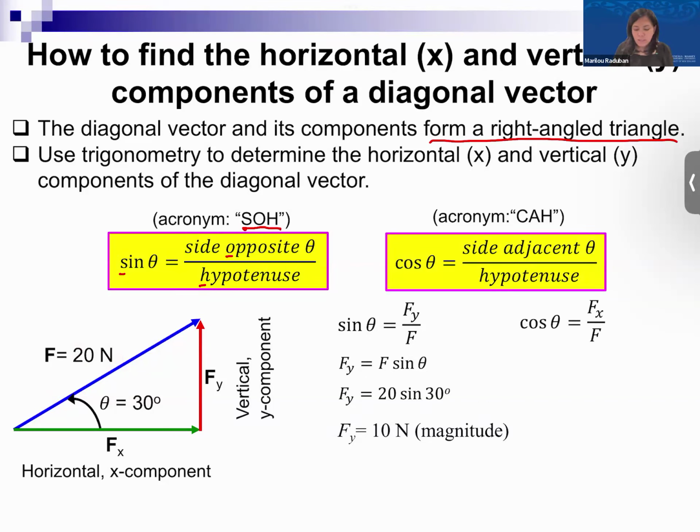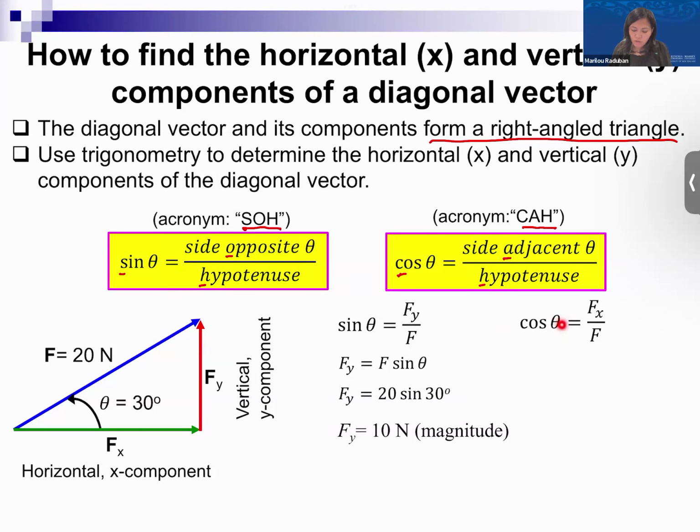So by using this cosine theta identity, which I sometimes remember with the acronym CAH, C stands for cosine, theta is equal to the side adjacent to the angle divided by the hypotenuse. Okay.